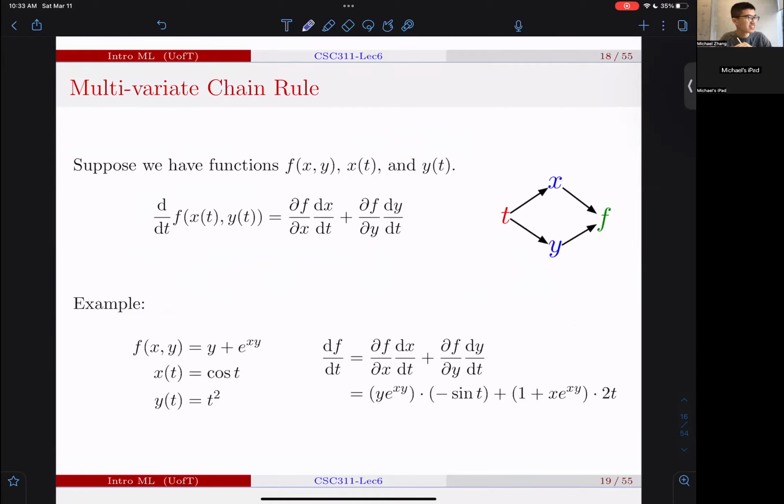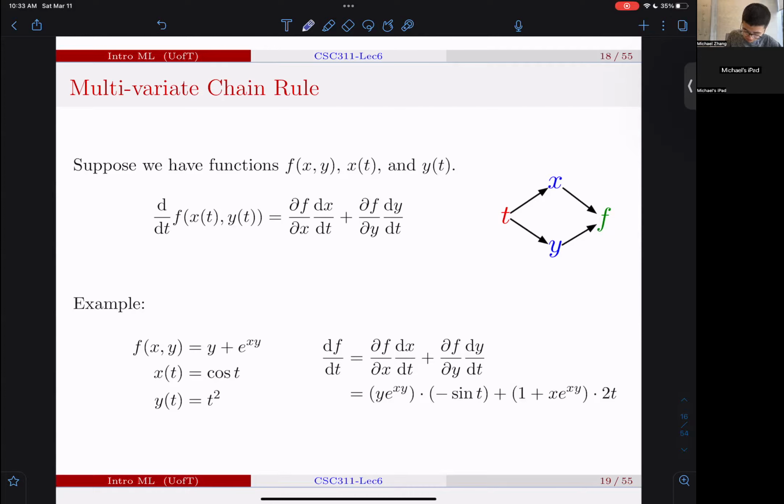All right, so to deal with this fan out greater than 1 problem, we need to apply the multivariate chain rule, which says that if f has dependencies on t through two intermediate variables, x and y, to compute the multivariate derivative with respect to t, we have to add up two terms.